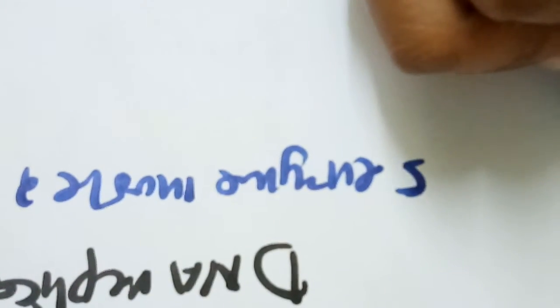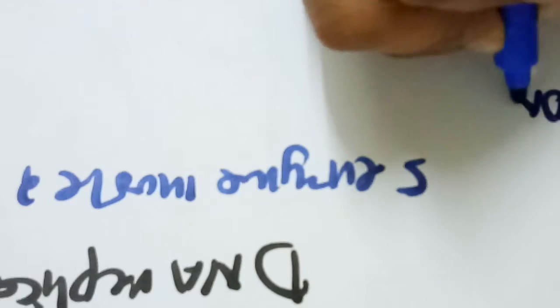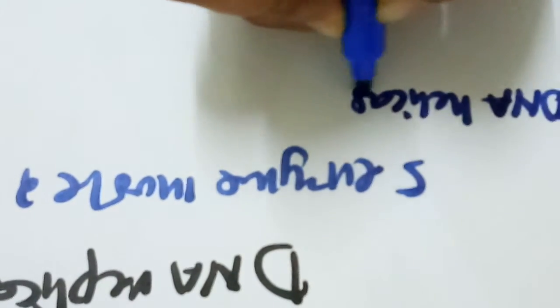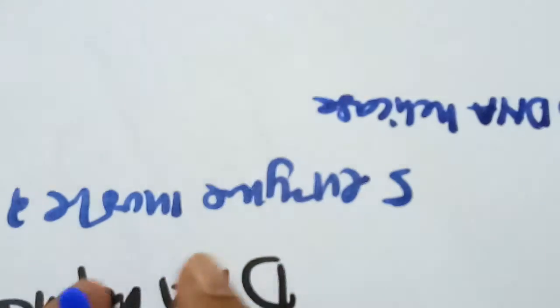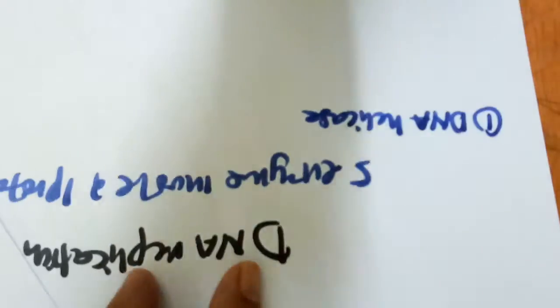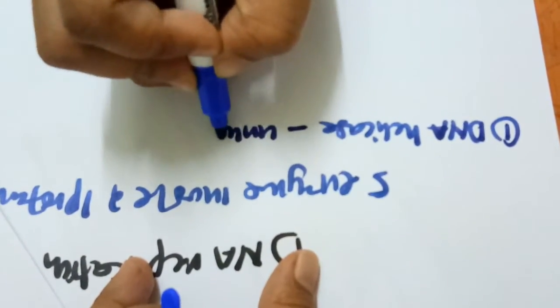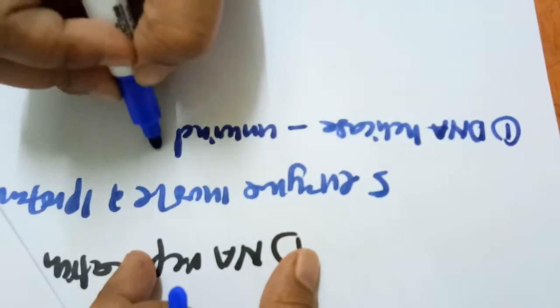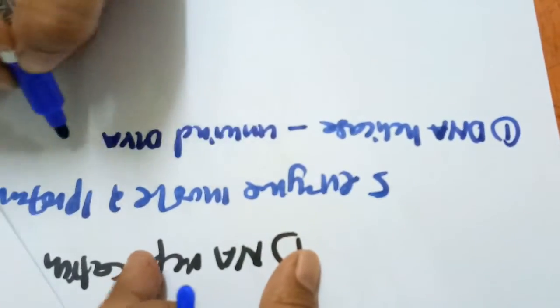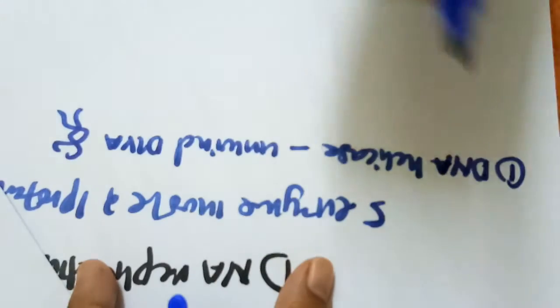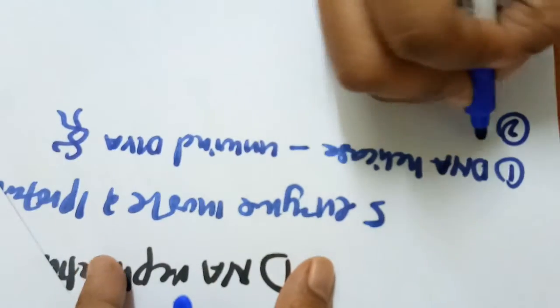The first enzyme is DNA helicase, and you have to know the functions of the enzyme. The DNA helicase function is to unwind the DNA double helix.